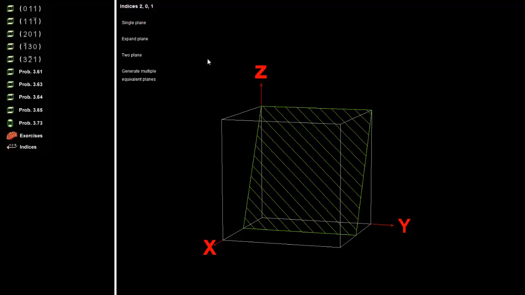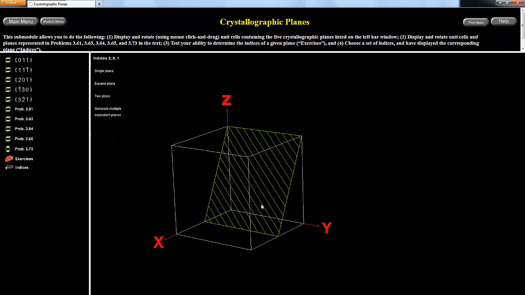All right, let's look at the 2, 0, 1 plane, and we can get 2, 0, 1 by, again, following these rules. First, I look at my intercepts. Along the x-axis, I intercept at 1/2. Along the y-axis, notice how I have simply a plane that's parallel to the y-axis.